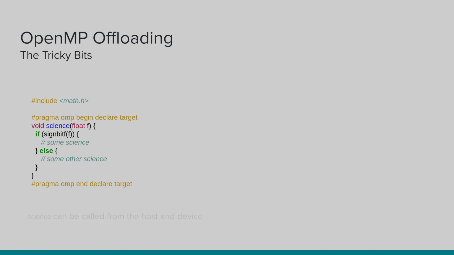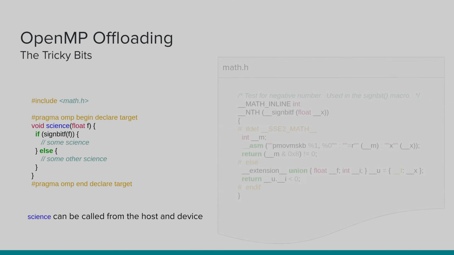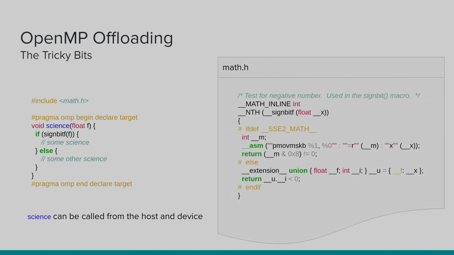Now, the crucial part is that science, this function, can be called from the host and the device. So there have to be two versions of that function, one that is available on the host, one that is available on the device. This would all be fine if math.h would be relatively the same.